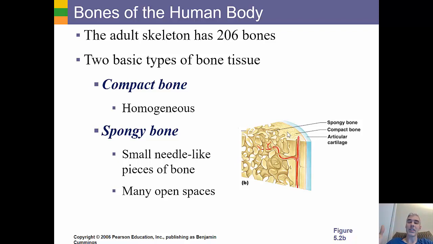It's homogeneous, kind of solid all the way through. And then there's spongy bone, and this isn't spongy like soft. It's just small needle-like pieces of bone with a lot of open spaces in there. It's very porous, but still kind of hard. It's almost like a pumice stone, if you can imagine, but with even bigger spaces than that.